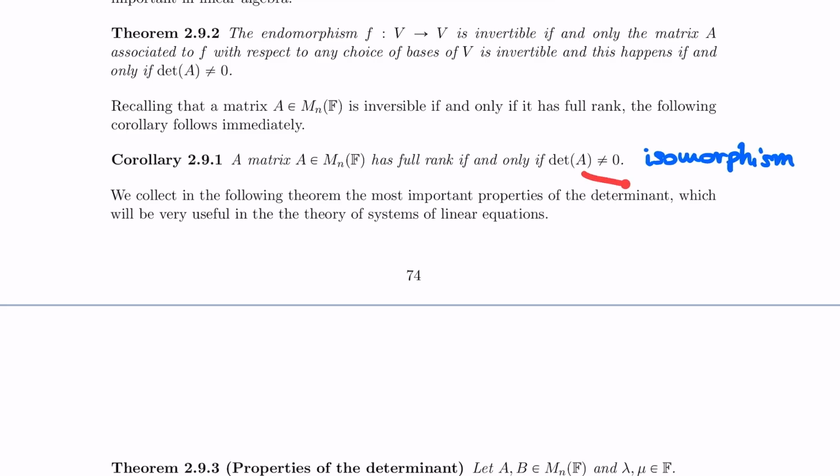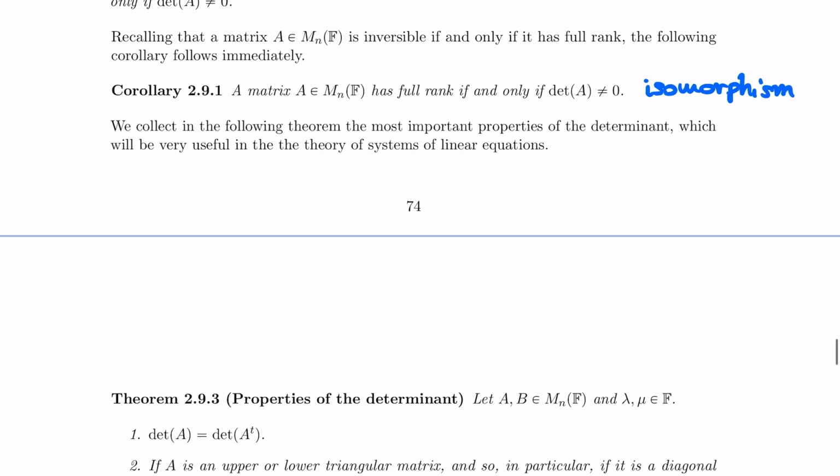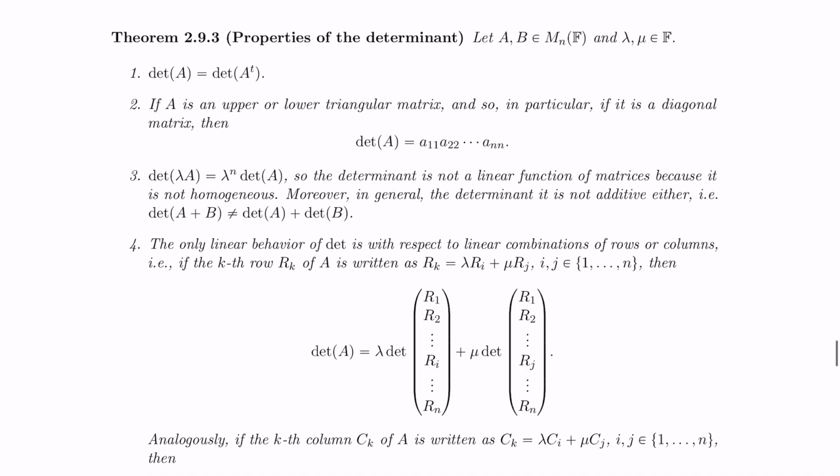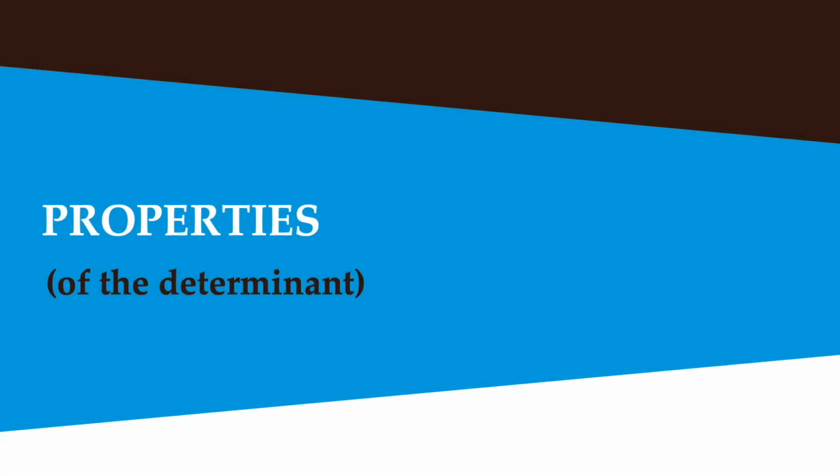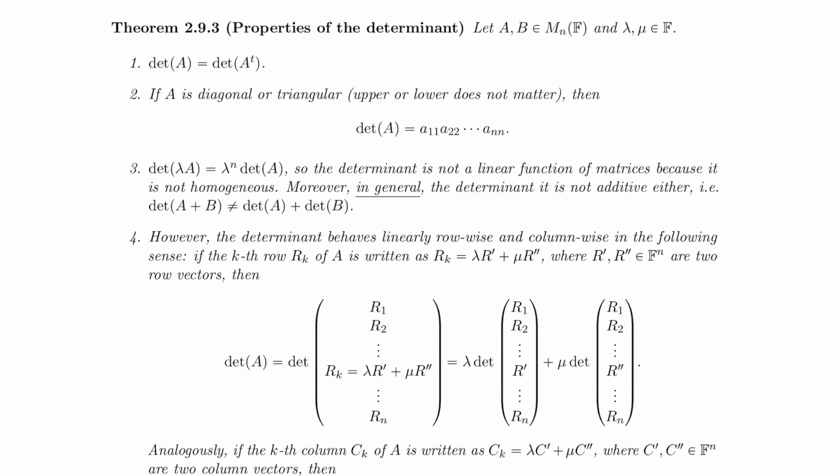So you see that whenever you find a square matrix which has a determinant different than 0, this matrix is associated with an isomorphism. The determinant has a bunch of properties. In the following theorem, we collect the most important of them that will be useful in order to solve linear systems in Chapter 3. Let's consider two square matrices A and B of dimension n and two scalars lambda and mu.